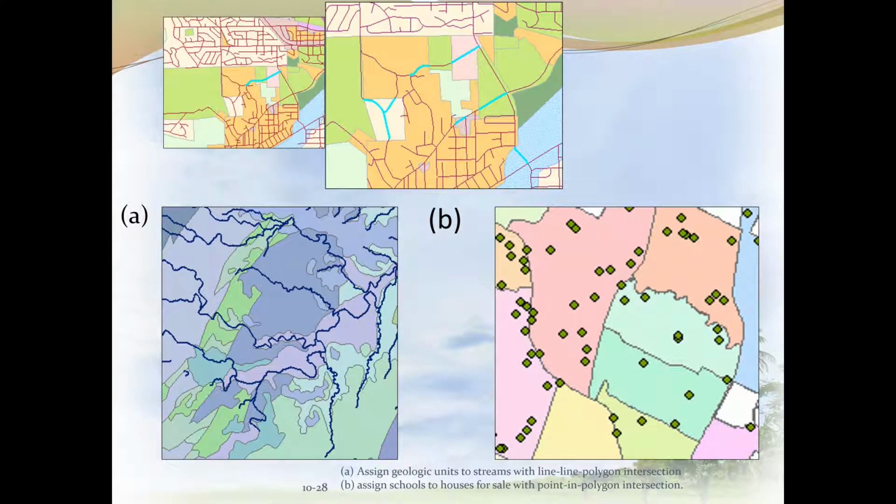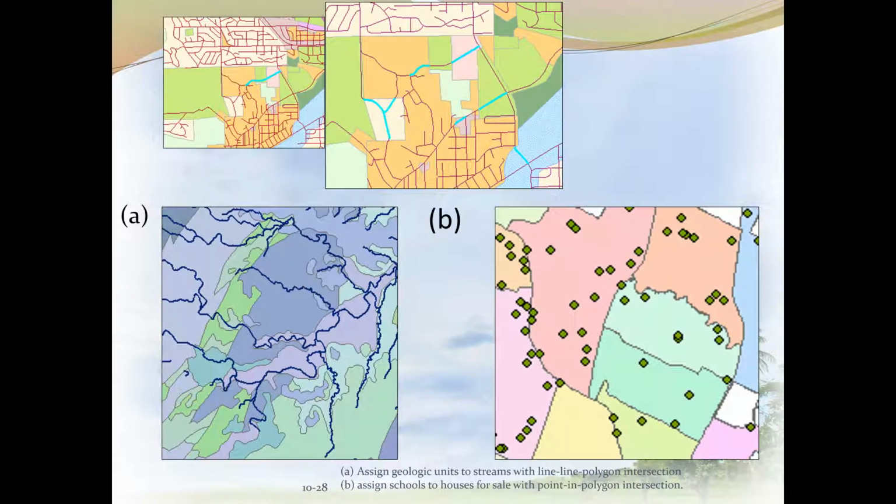Intersection can assign attributes from polygons to lines or points within them. The roads and land use problem described here is an example of line in polygon intersection, assigning land use categories to the roads.